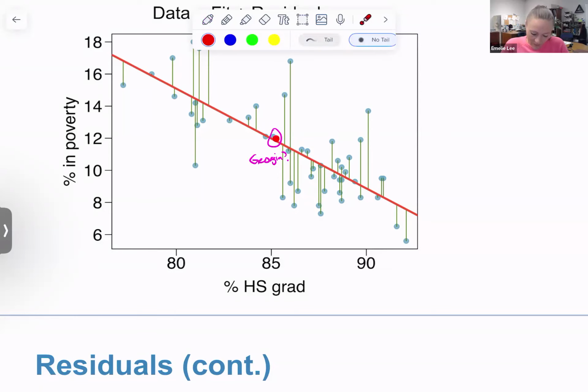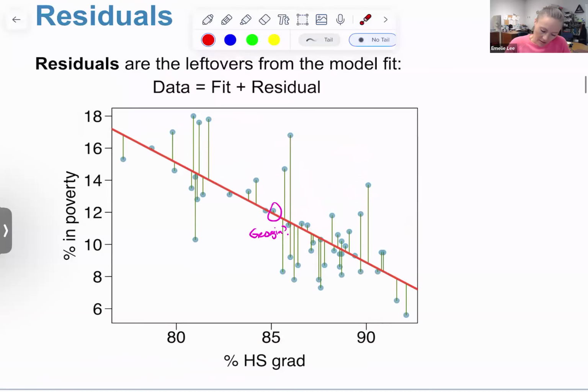So here we have the observed dot. Now it's going to be easier if we talk about this one. Here we have this observed dot. That's the data point that we have. And then we have the predicted value at that point, which is some value of y. You can trace across this way. Now the distance between those two points is the residual. And so the data is the fit plus the residual. From the line, you move up or down some residual amount, and that's the data that you saw.